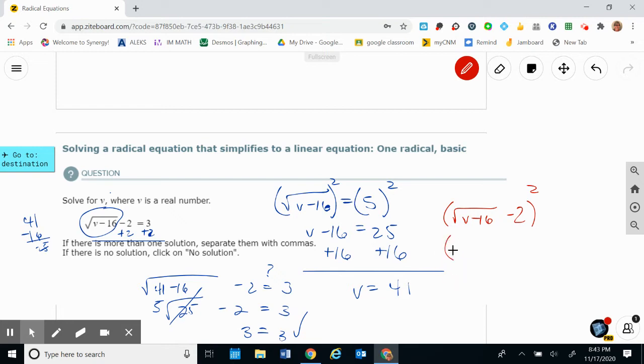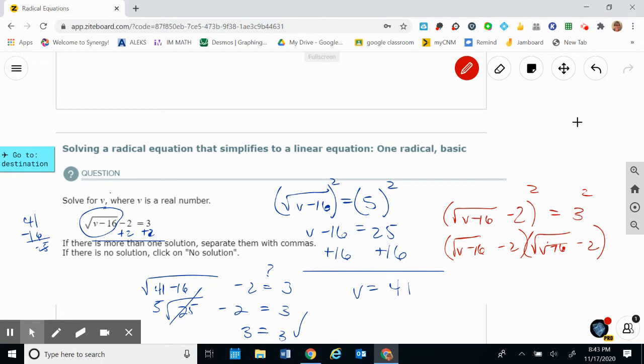It would have to be root v minus 16 minus 2 times root v minus 16 minus 2, and you wouldn't get rid of the square root. So it wouldn't be advantageous. It wouldn't be illegal. In other words, you could do this, and if you followed all your rules right, you'd be fine, but it's not the best solution by far.